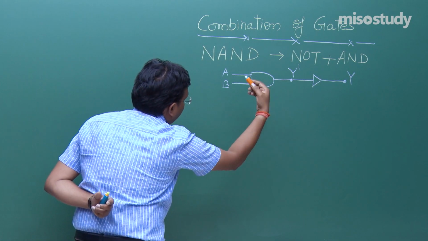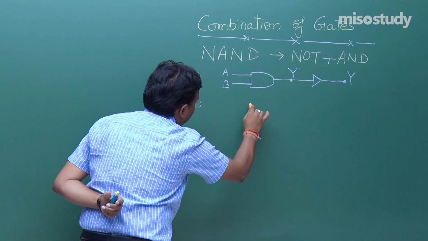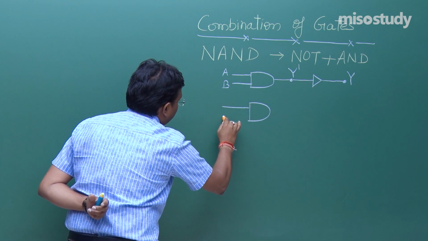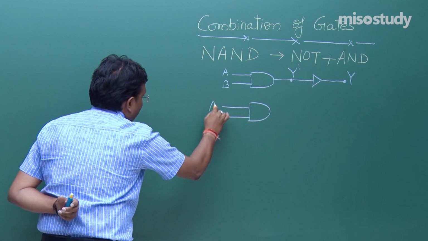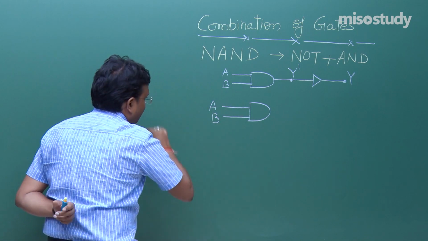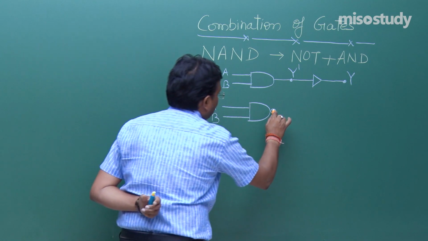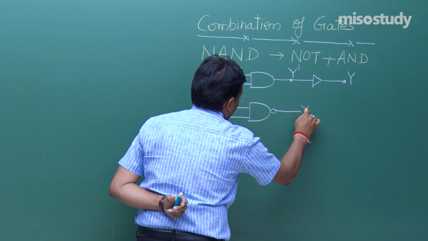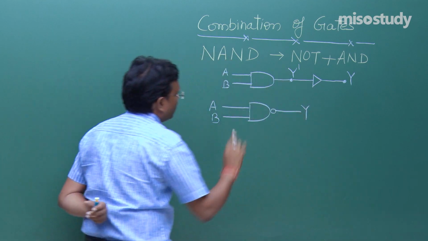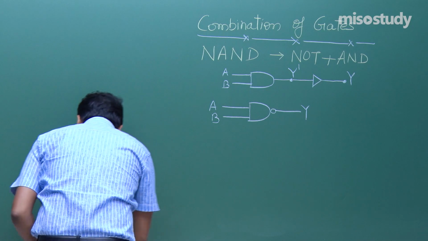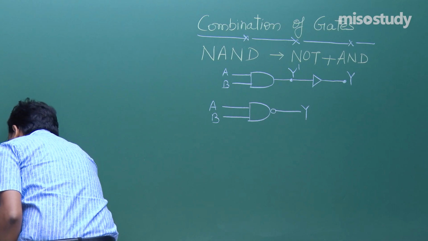Another way of representing this gate is this AND gate. If you do not want to draw this big circuit, you can say this is A, this is B, then place a hollow circle and then it is your Y. Now, the remarkable thing here is, please pay attention, I am using a red chalk.